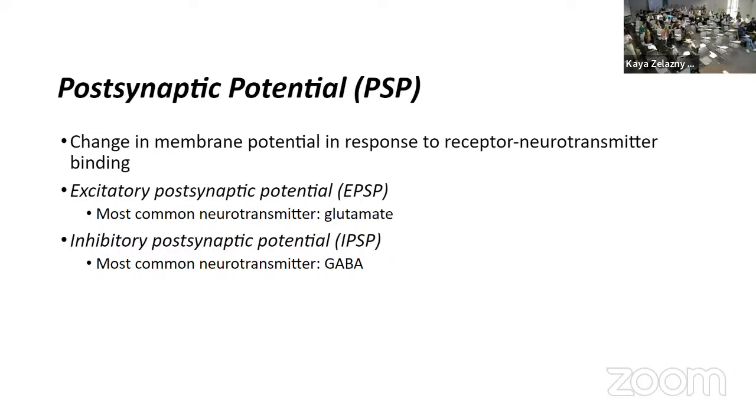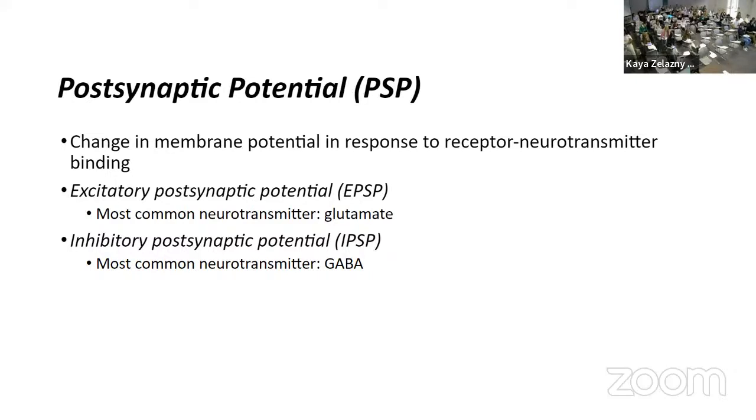When we bind that receptor, we have a change in the processes inside that postsynaptic neuron. We can just directly open a channel if we have a ligand-gated ion channel, or we saw our more complicated receptors that are linked to our G proteins. So we could take a couple more steps, but eventually we're still going to either open or close an ion channel in order to change our membrane.